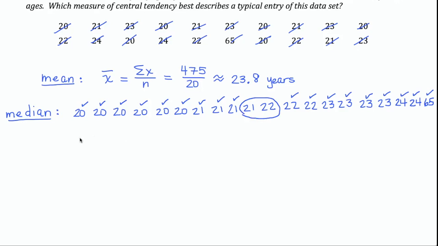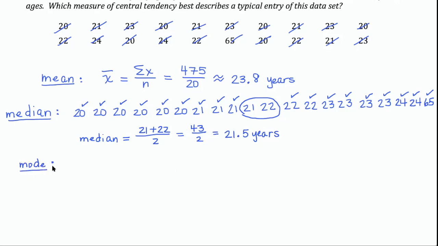If you have two middle numbers, the median is found by taking those values and finding their mean. In other words, add them up, divide by 2, and that'll be your median. 43 divided by 2 is going to be 21.5 years.